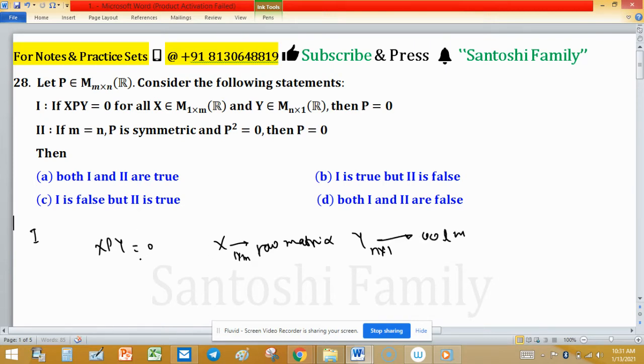So consider P as 2 by 2, x as a 1 by 2 row matrix and y as 2 by 1. Then the product is defined.